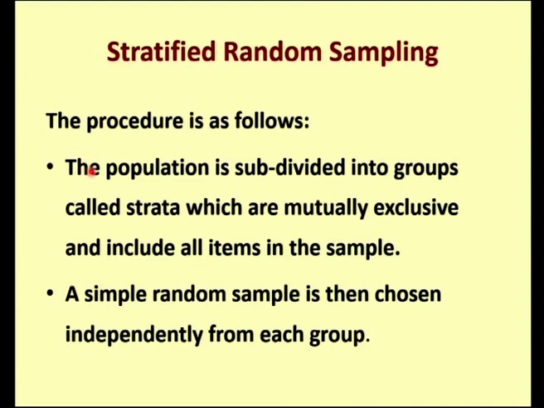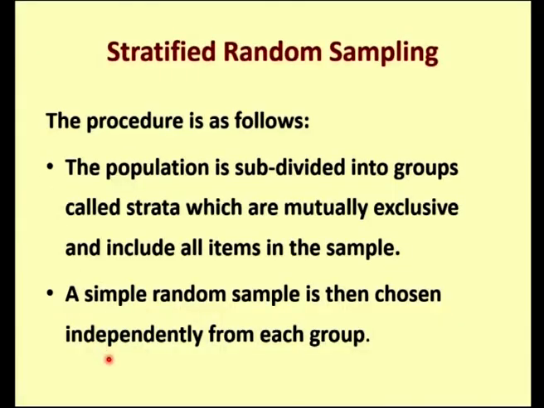For example, if you want to study the cost of living of a particular city, say Chennai, then first we can divide the whole city into zones or wards. Those zones or wards make a group called strata. This is actually plural; the singular term is stratum. Then, taking a sample from each of the groups, the simple random sample is chosen independently from each group.